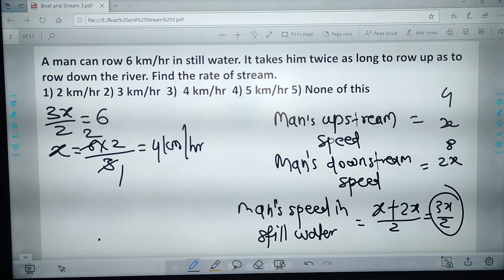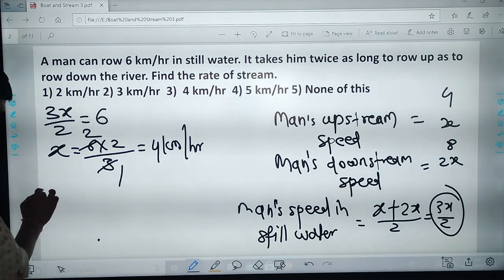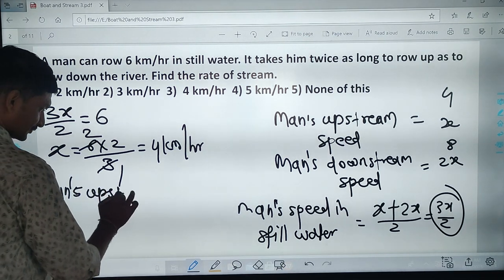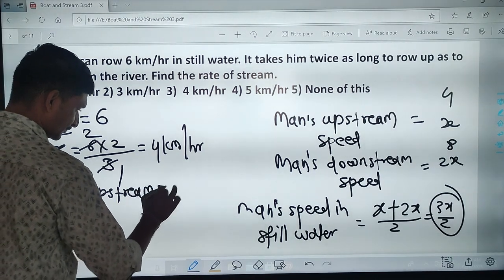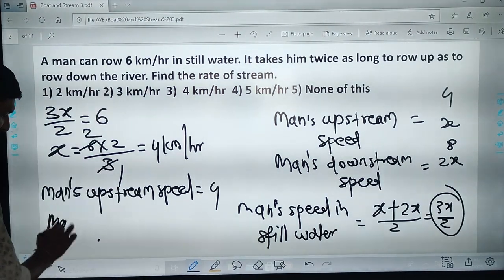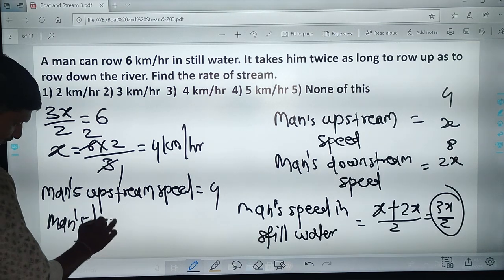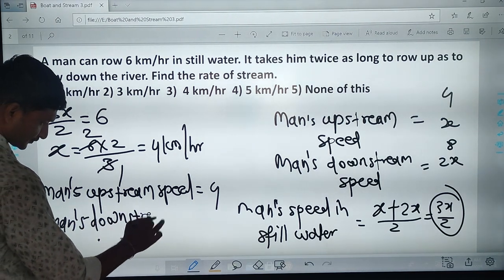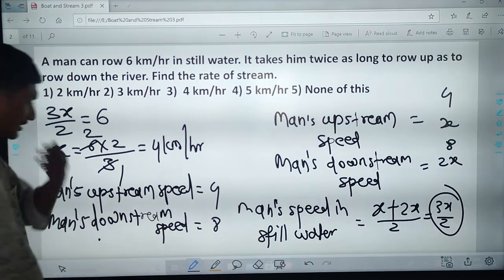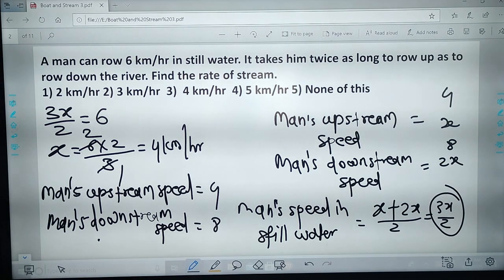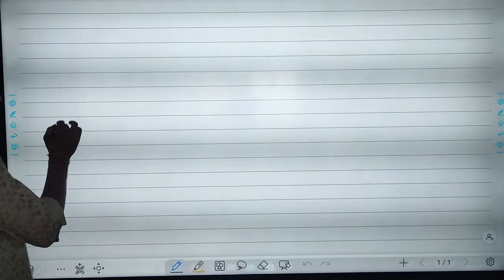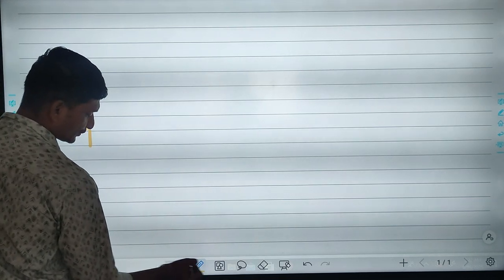Now the man's upstream speed is 4 and the man's downstream speed is 8. Now we find the speed of stream.